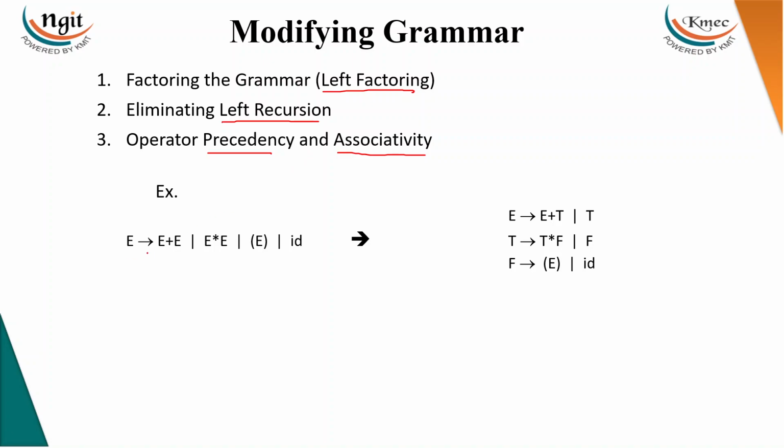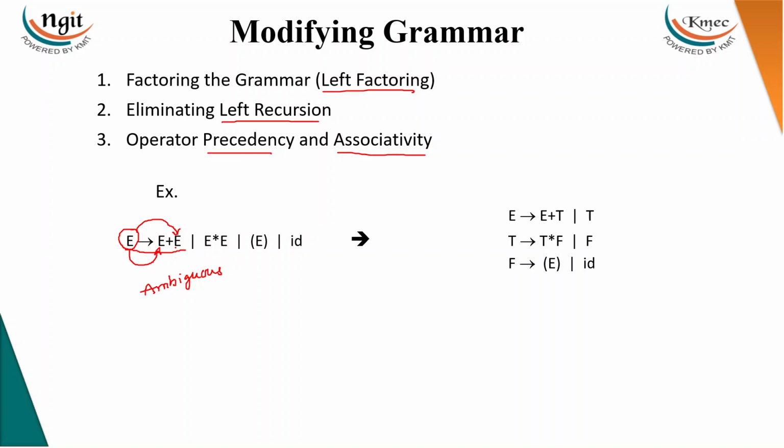Here we have E tends to E plus E. The left hand side non-terminal occurs as the leftmost symbol and as the rightmost symbol. In any production, if the left hand side non-terminal occurs as leftmost and rightmost, then we call such grammars ambiguous grammars. Definitely you are going to get more than one parse tree for some string.